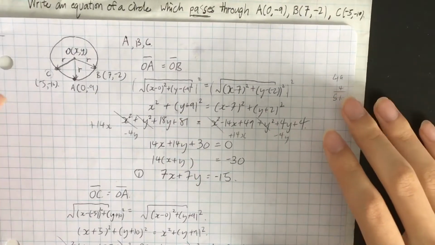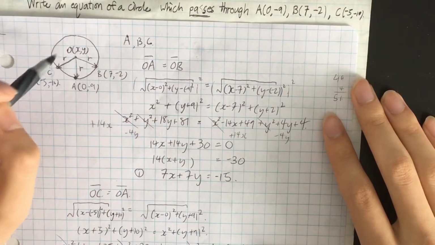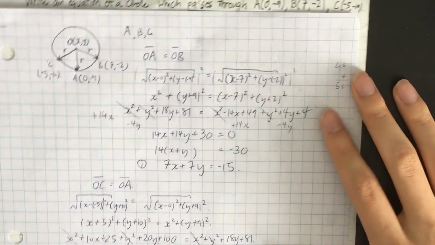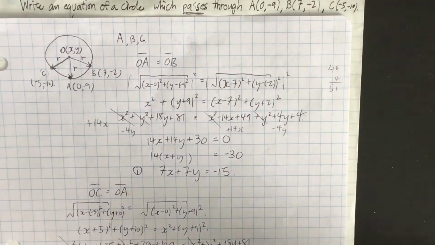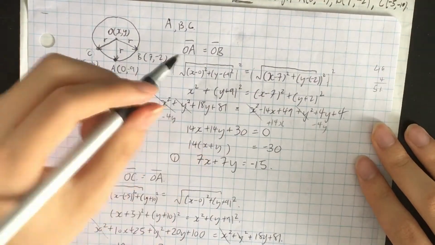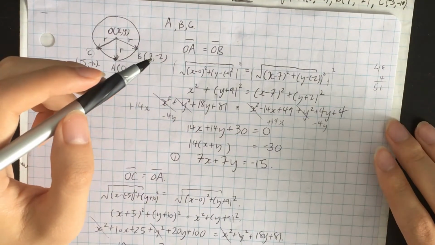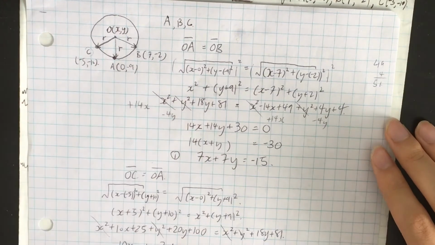The problem was we're asked to find a circle that passes through all these points, A, B, and C. Last time we used these points to find two expressions with x and y.